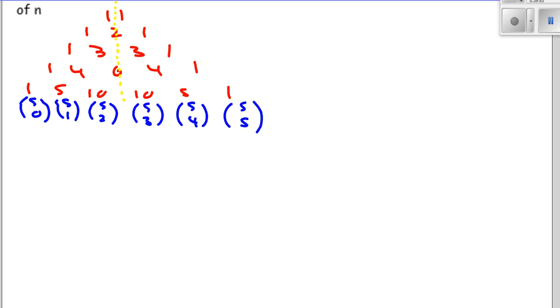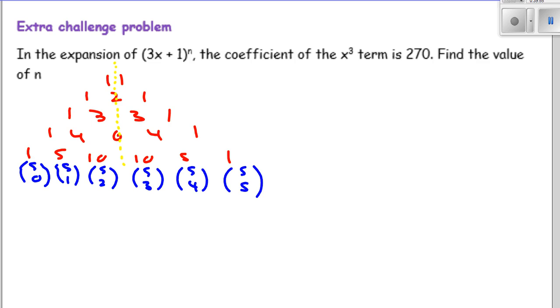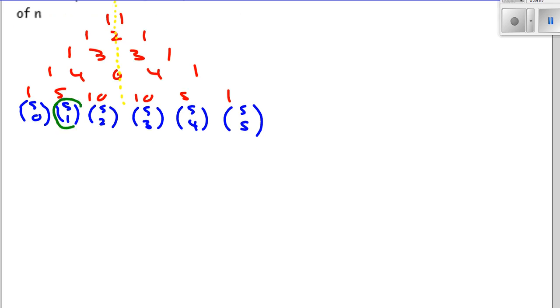Do you see a connection between this one and this one? They're just the same number. And there's a connection between this one and this one. They're just the same number. So if you think of this one as nCr, would you agree that nCr is the same as nC(n minus r)?